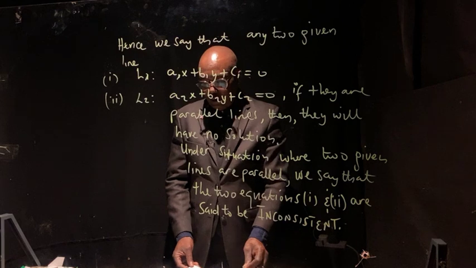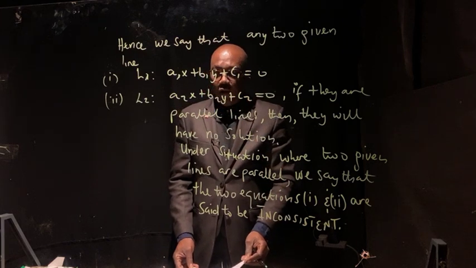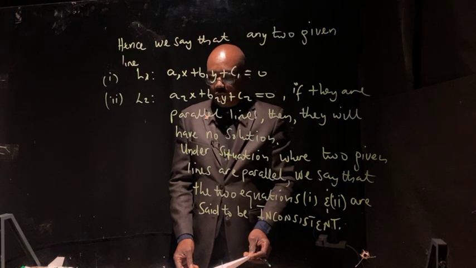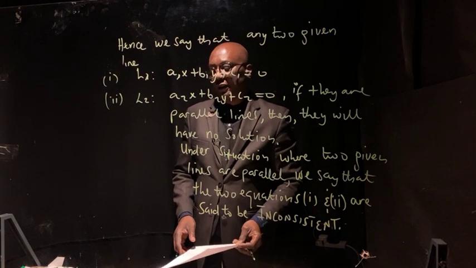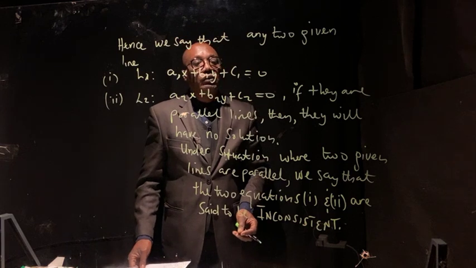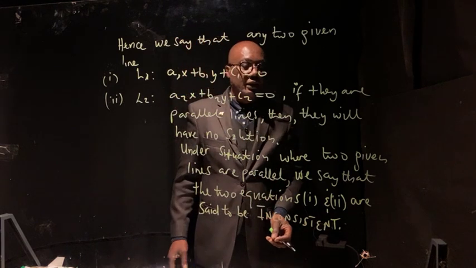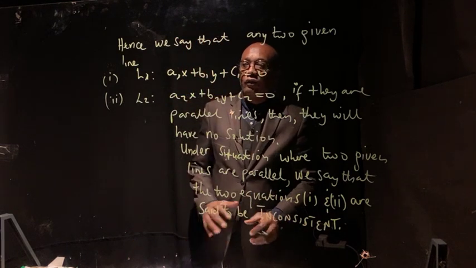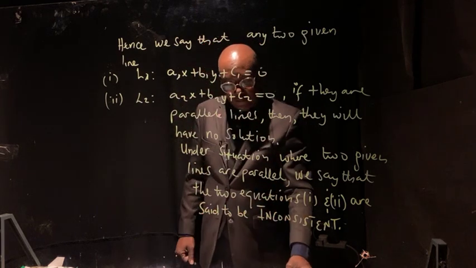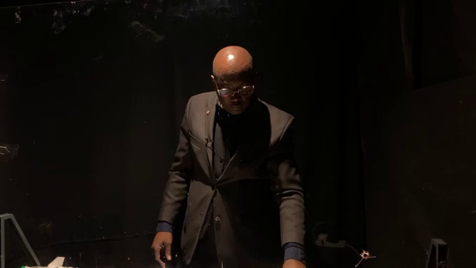Then I'll wipe it off, and we will solve a question on this particular example, case 2, where two given equations are inconsistent, meaning they have no solution. Take your time, copy everything, and we'll come back again.